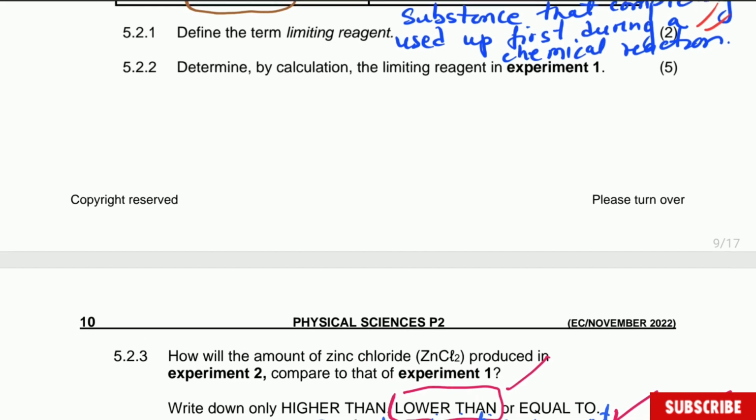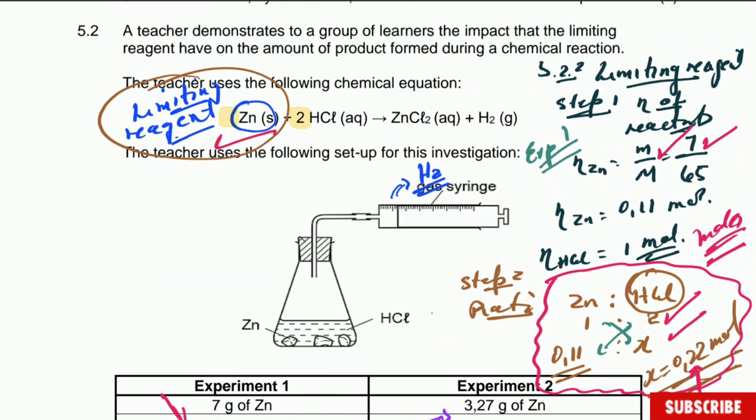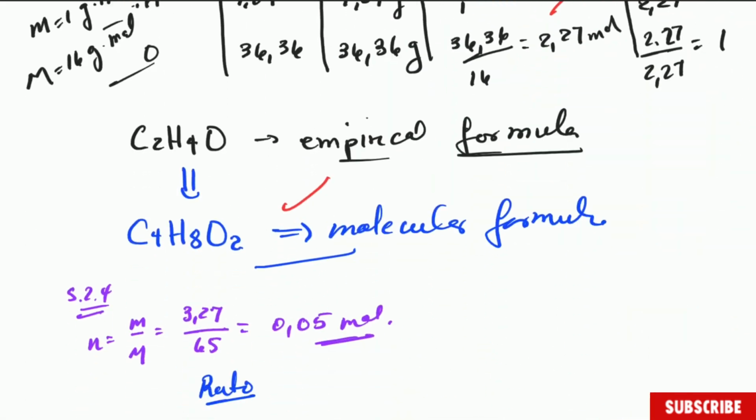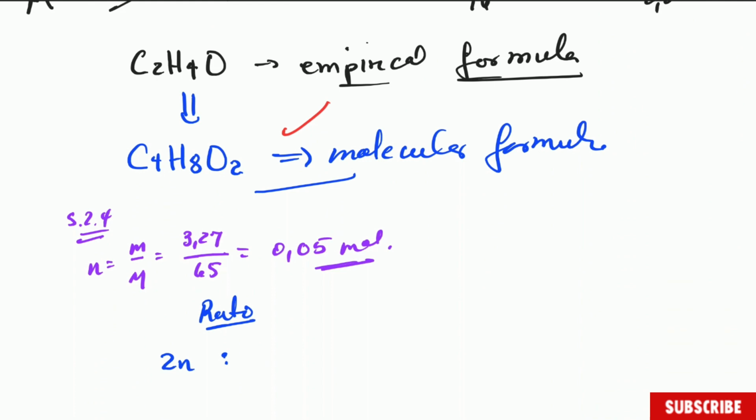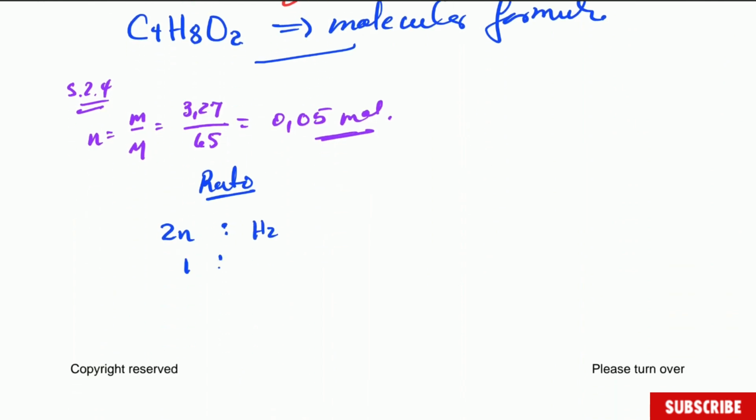So the ratio for hydrogen gas, coming back to the question, H2, is 1:1. It means that if you have this number of moles of zinc, you will also get 0.05 mole. You will also get the number of moles here to be 0.05 mole.